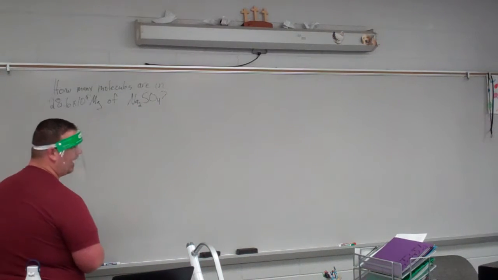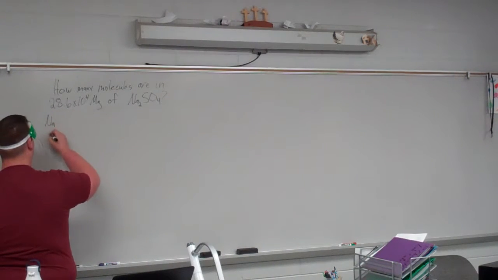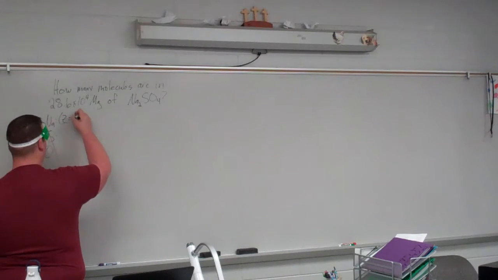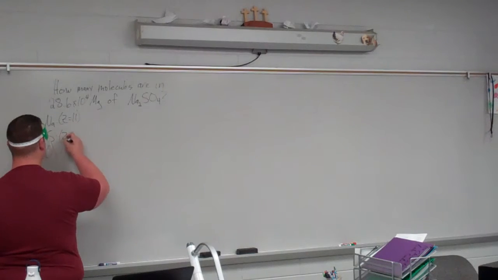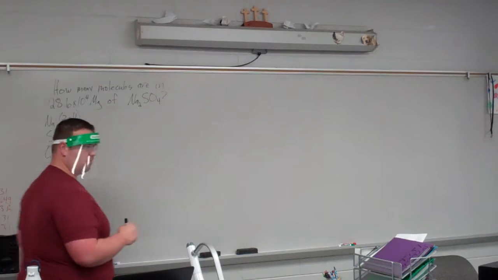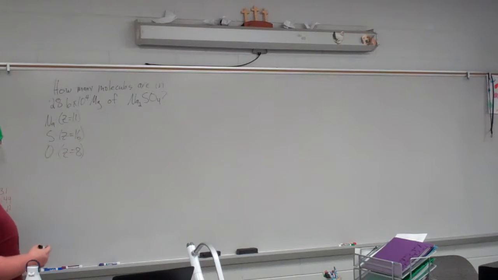To help you, I would give you helpful information like sodium, sulfur, and oxygen. I would say Z is equal to 11, Z is 16, Z is 8. Now, I know what you all are thinking.